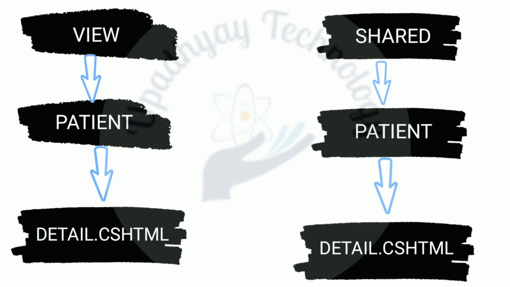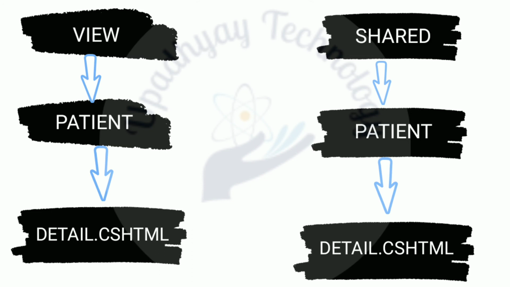And actually this is the way a browser searches view pages in MVC. First it searches for a folder with the name Views. If it is found, then it starts finding a folder with the controller name, and again if it is found, then it starts finding a file with the same name as the method having the extension cshtml.